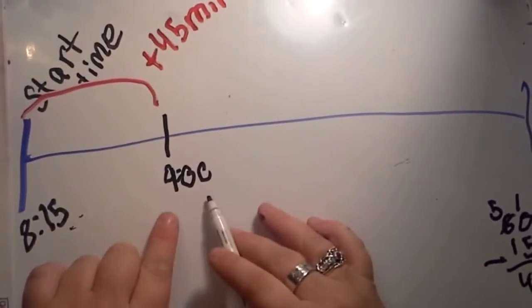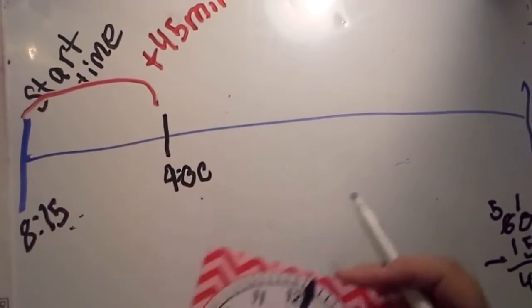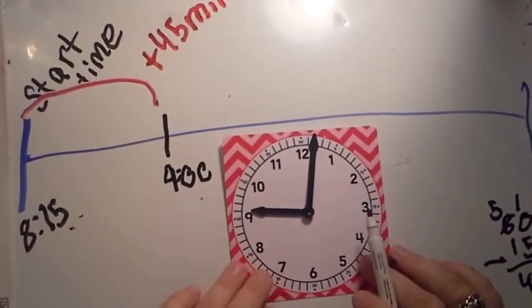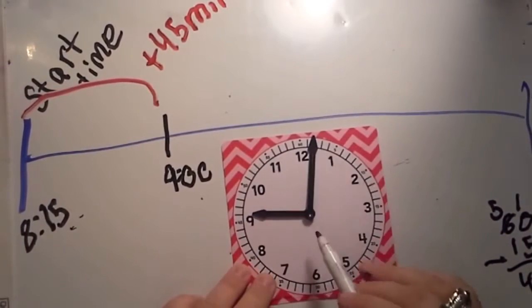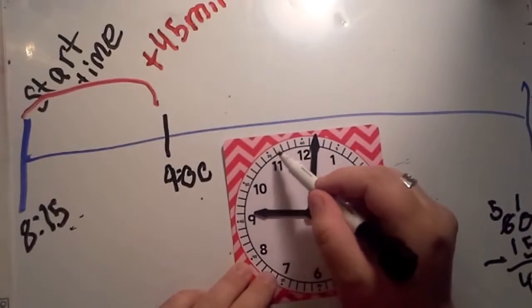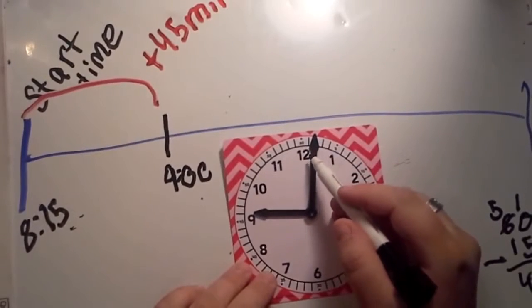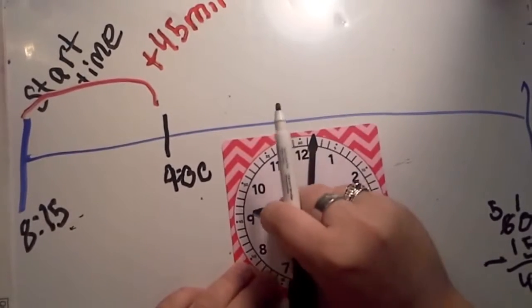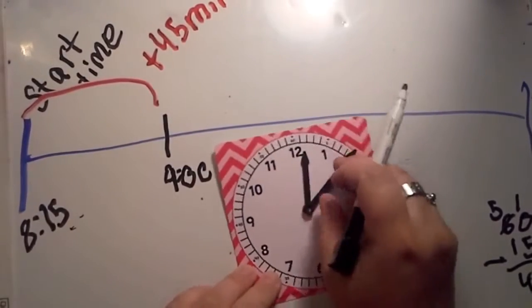Now that we got to 9 o'clock, we need to get to 12 o'clock. If we look at this analog clock right here, we can see that this is at 9 o'clock right here. If we count 1, 2, 3, it takes 3 hops to get over to 12. So it would go 1, 2, 3.